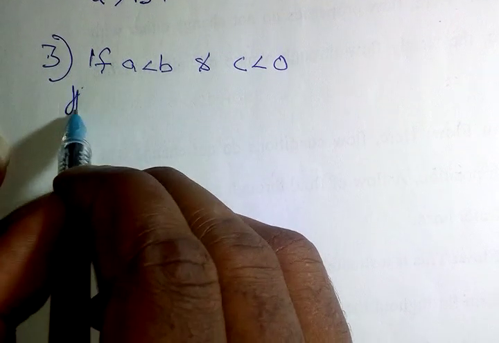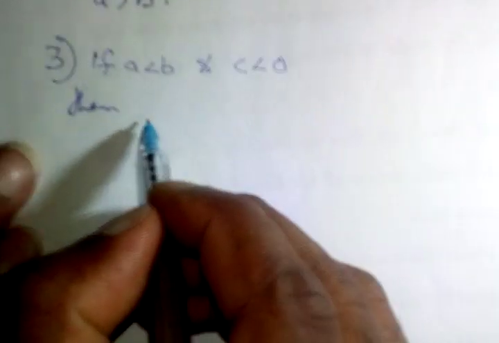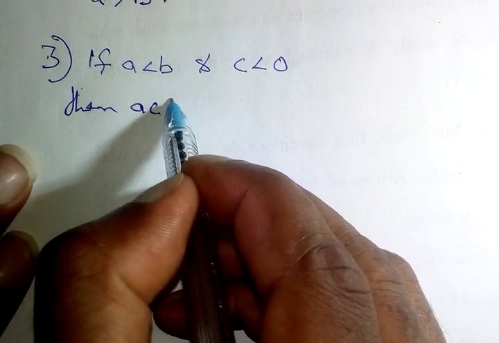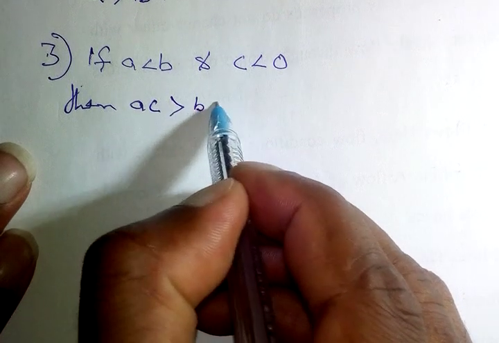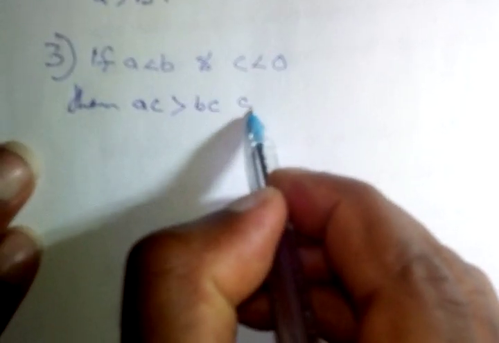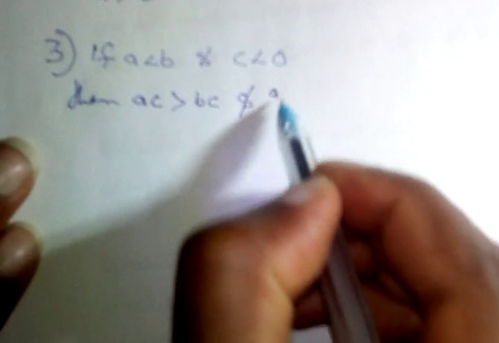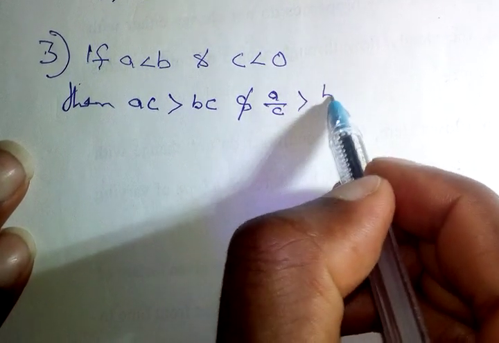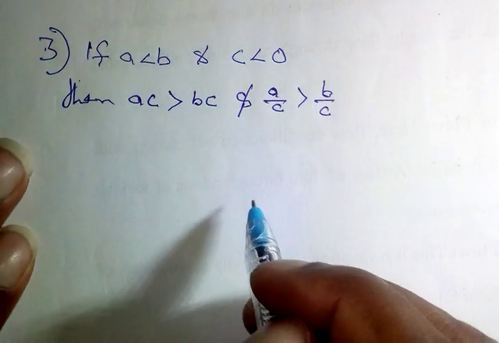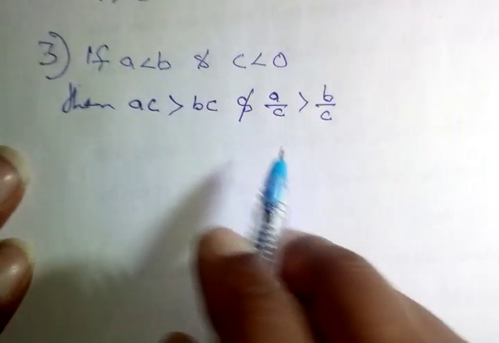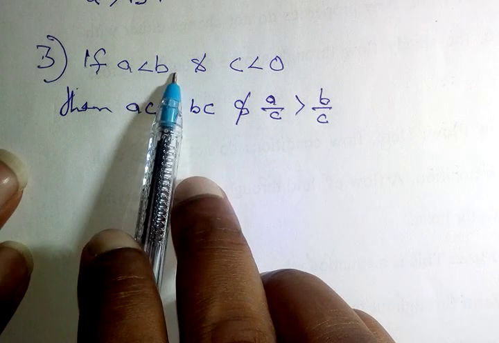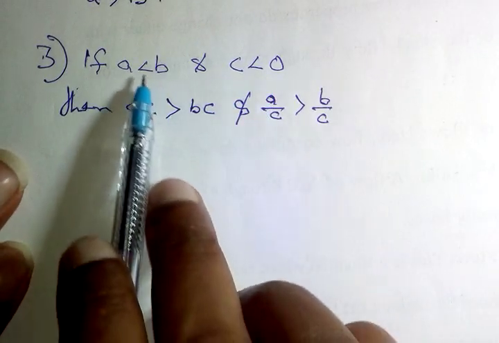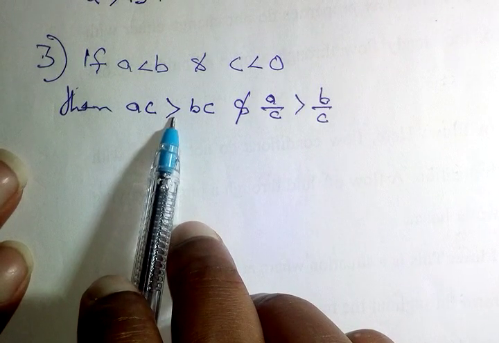Then AC, that is A times C, will be greater than B times C, and A divided by C will become greater than B divided by C. Okay, that is, if you are multiplying both sides by constant C, where constant C is a negative number, the sign of inequality changes.